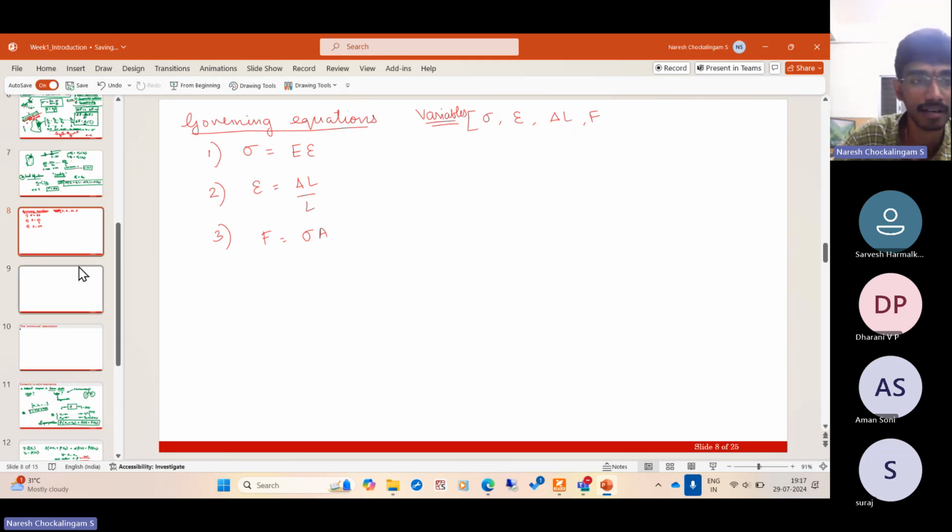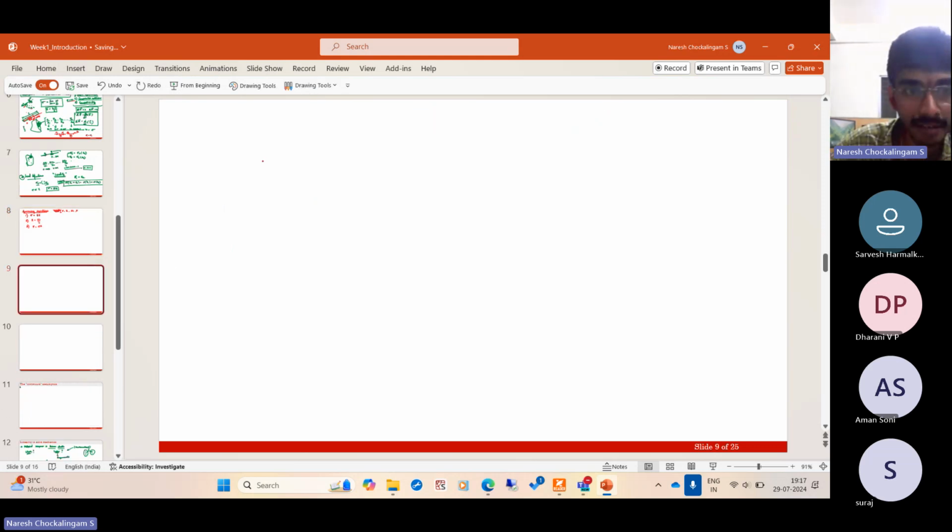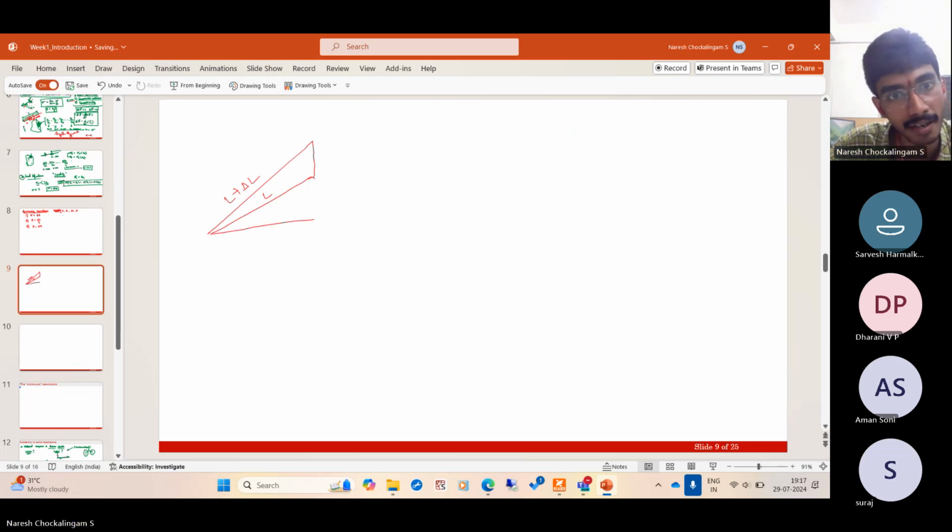Now I made this figure. We have L plus delta L. We have L. These two can be really different. There's no linearity, there's no linearization. The initial angle is some theta. The final angle is some theta dash. This is moving so much.